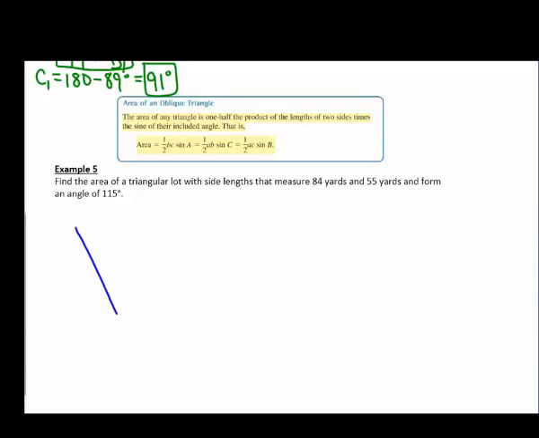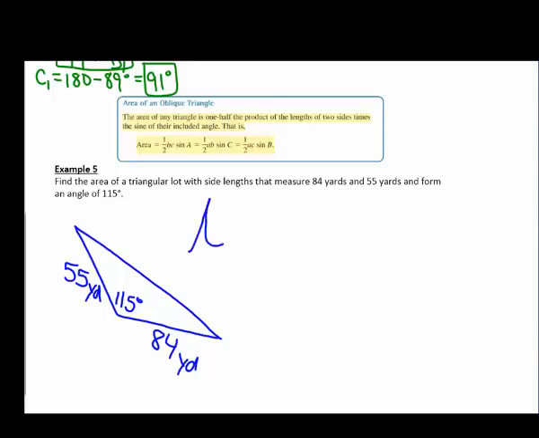Our yard is something like that. And so we've got 55 yards and 84 yards. And together they form an angle of 115 degrees. We can use this area formula when we have two sides and the angle that is included.